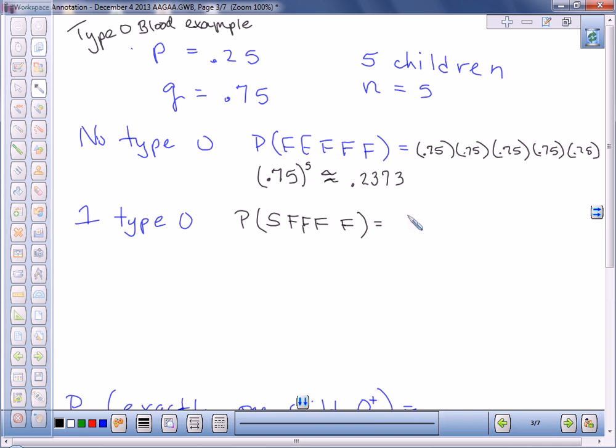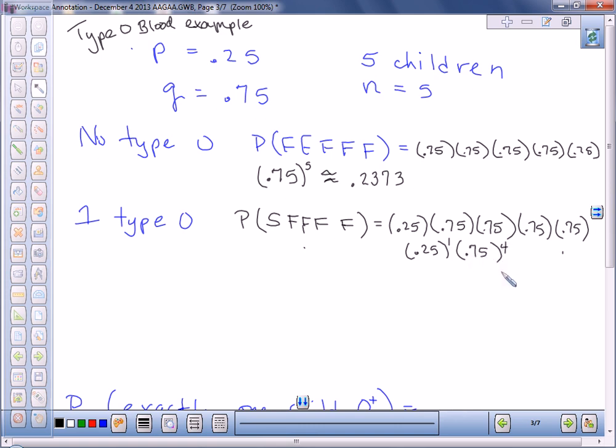And then the rest of them would be 0.75. So, it would have been easier had I written this way: 0.25 to the first and 0.75 to the fourth, right? And we don't even need the first there.